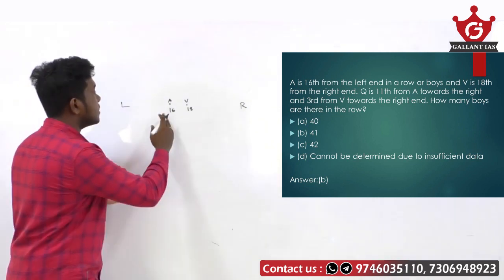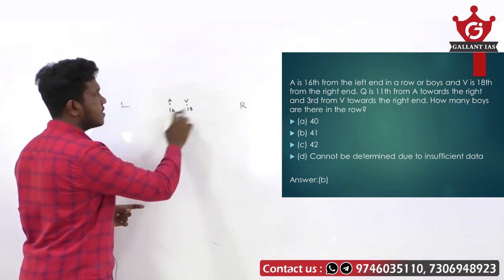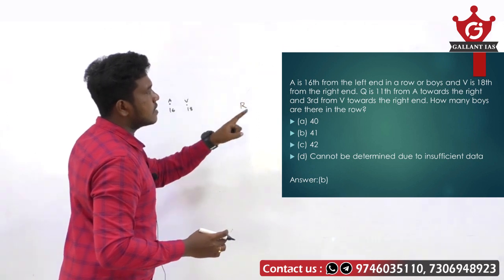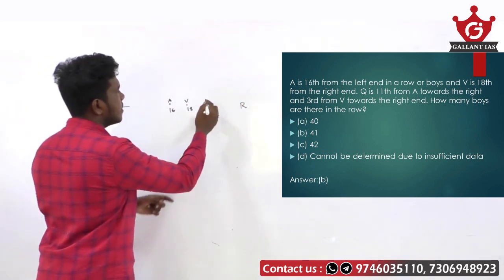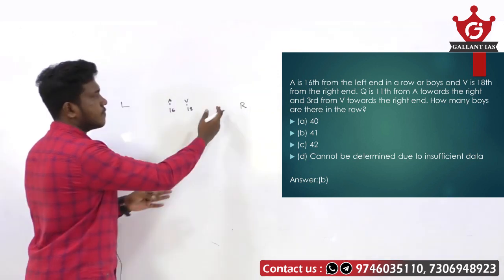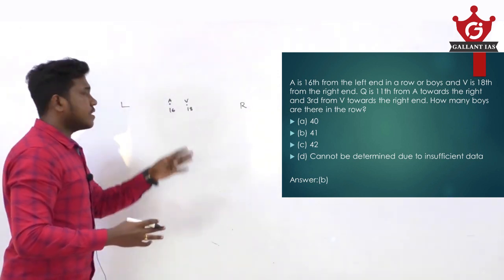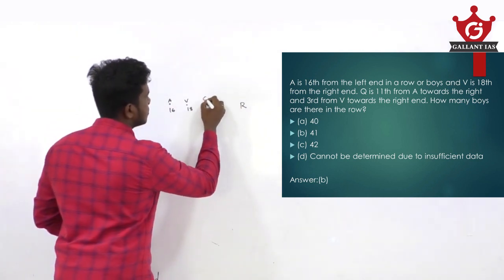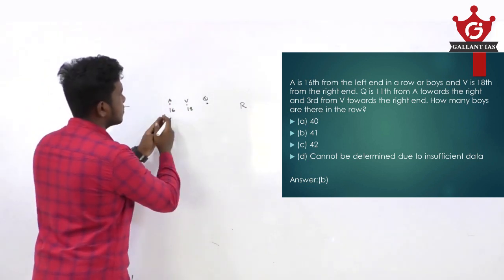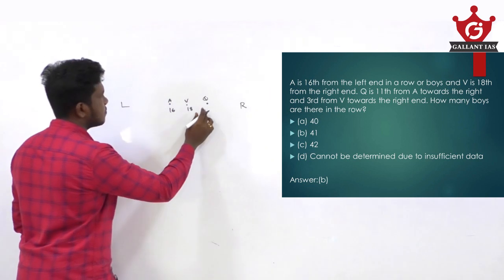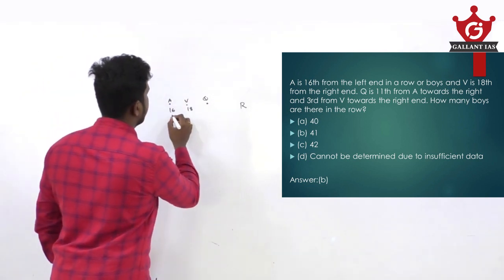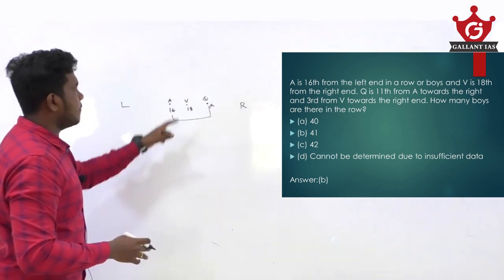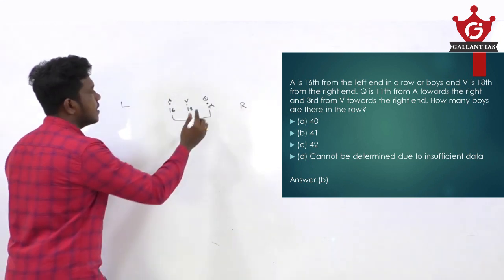That means Q is placed to the right of A, and Q is also placed to the right of B. So Q is placed to the right of B as well as to the right of A. From A his place will be 11th, and from B his place is third. That means in between there is one man.